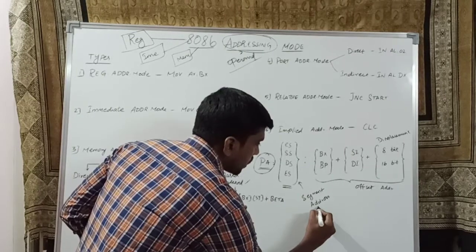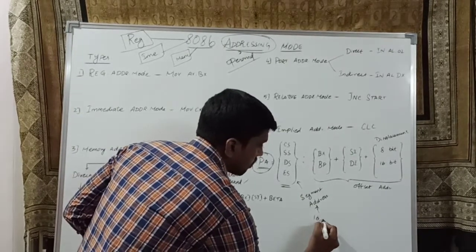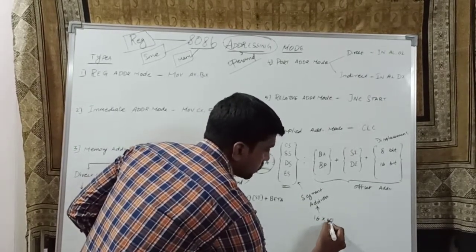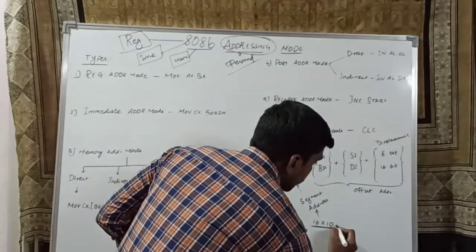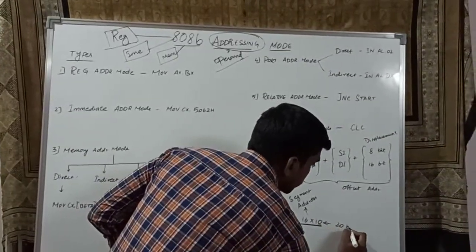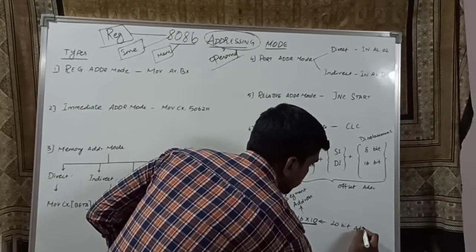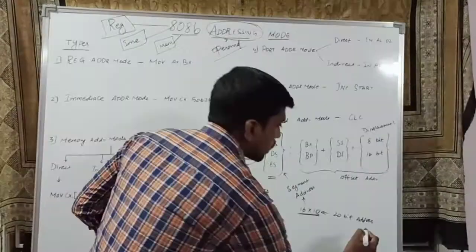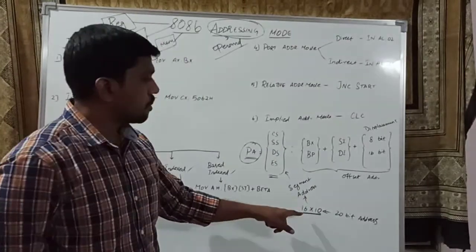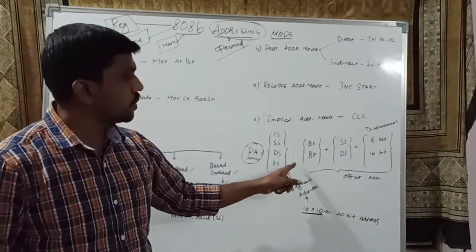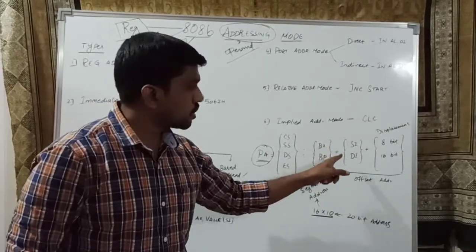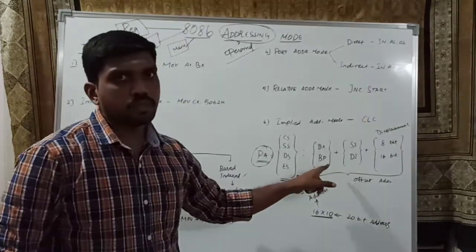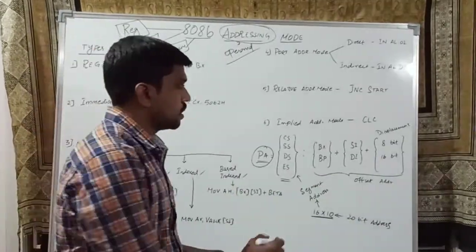The segment address is a 16-bit value. You multiply this value by 10 to convert it into a 20-bit address location. After converting the segment value into a 20-bit address location, you add any one of the values, or both, or all three, based on the instruction.